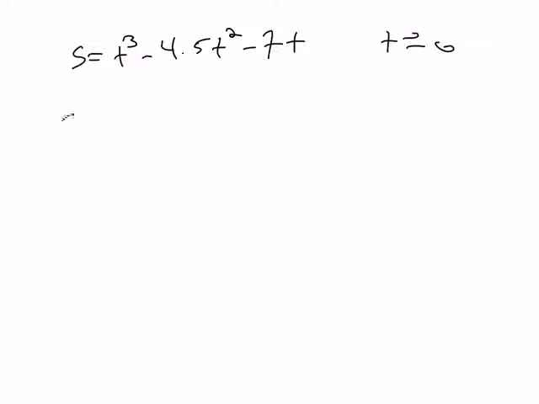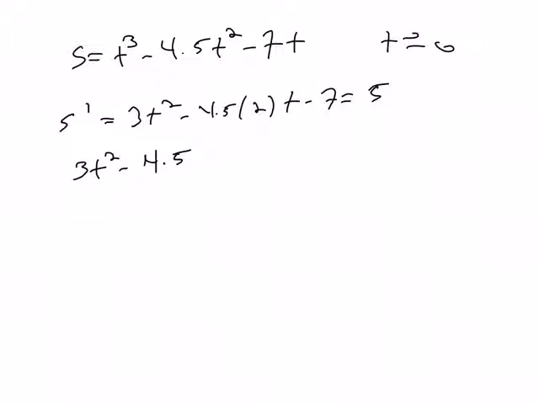So again, s prime is going to be 3t squared minus 4.5 times 2t minus 7, and we want to set this equal to 5. In other words, we want 3t squared minus 9t minus 12 equal to 0.